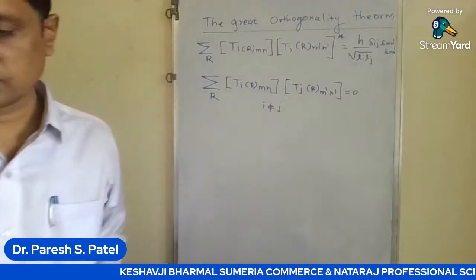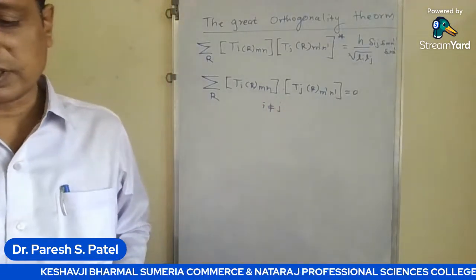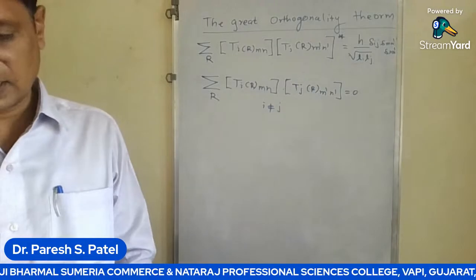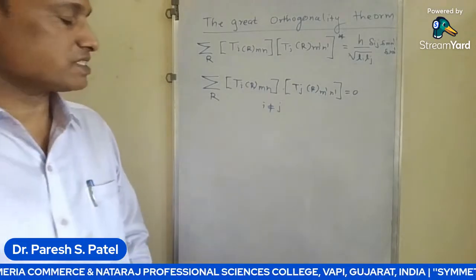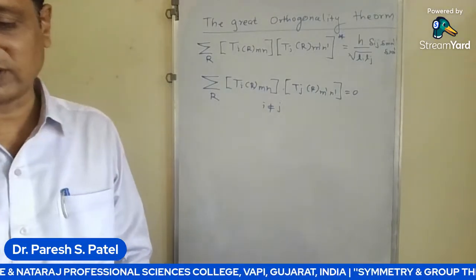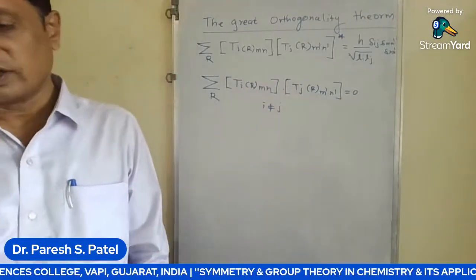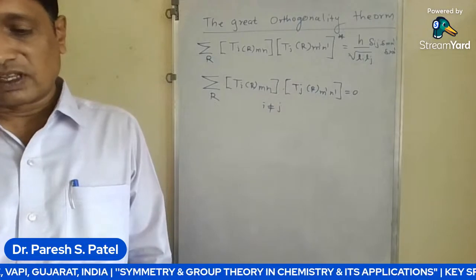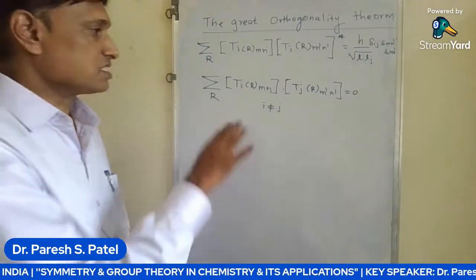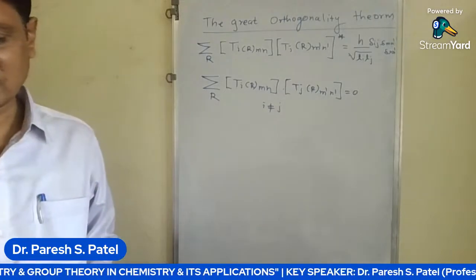It means elements of the corresponding matrices of the different irreducible representations are orthogonal.